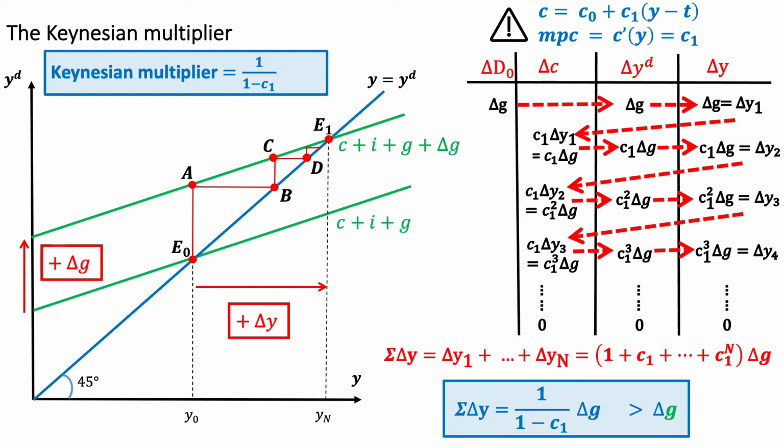The higher the marginal propensity to consume, the larger the size of the multiplier. This provides the theoretical foundation justifying government intervention, because according to this, in an underemployment situation, an increase in public spending has a positive impact on the activity.